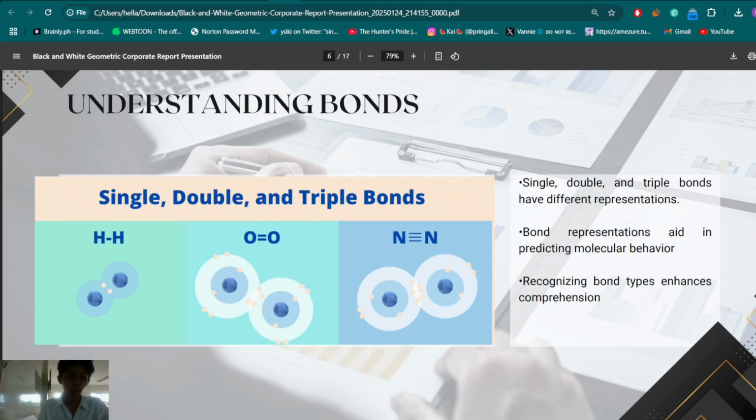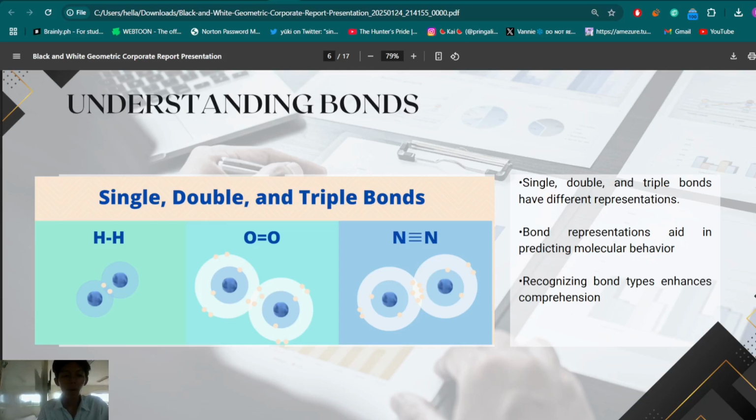In this first one, H-H is only a single bond because it only shares one pair of valence electrons, and it has the longest bond length, is the weakest of the three, and has the lowest reactivity.